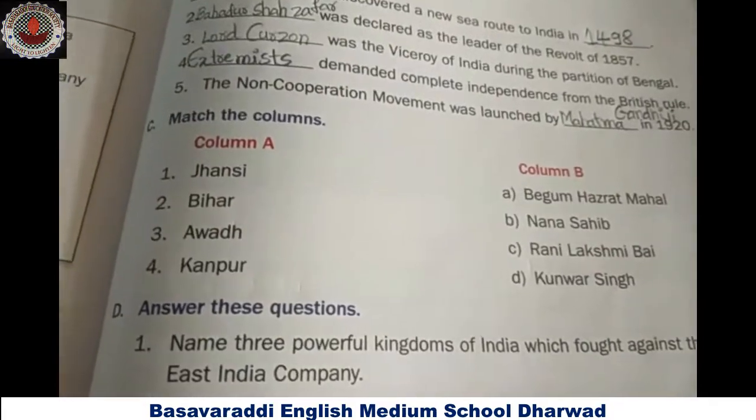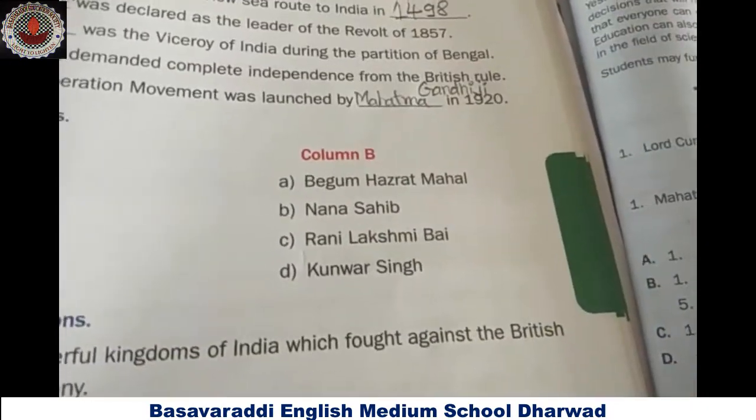Next, match the columns. First I will read column A, afterwards column B. Jhansi, Bihar, Awadh, Kanpur. Begum Hazrat Mahal, Nana Sahib, Rani Lakshmibai, Kanwar Singh.